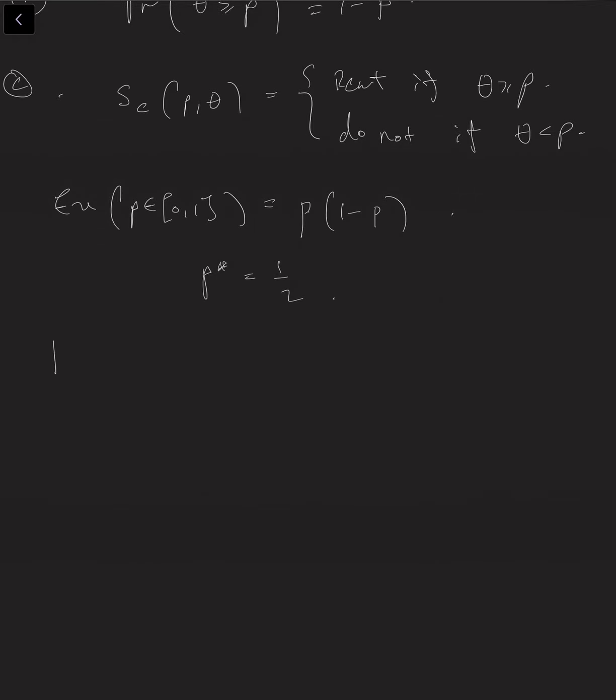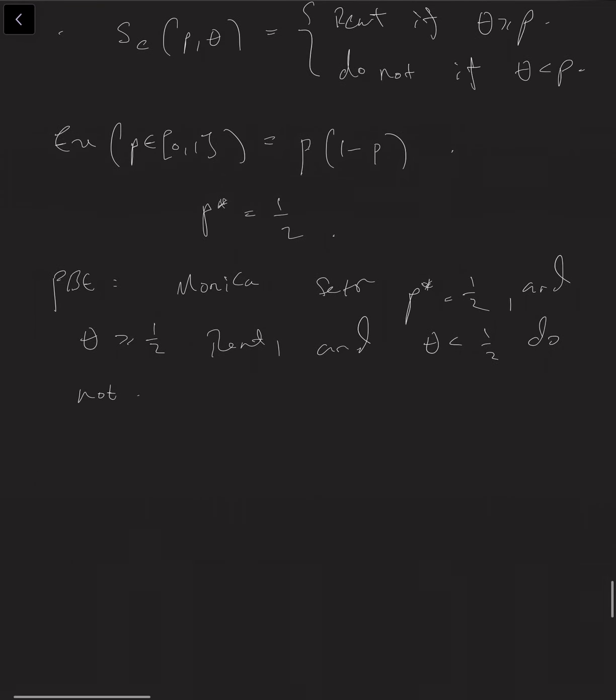So in our PBE, Monica sets P star equals a half, and types greater than or equal to half rent, and types less than half do not. Okay.